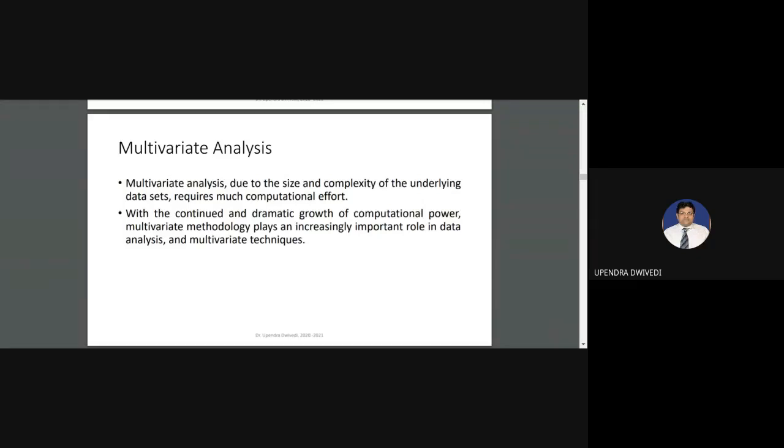Multivariate analysis, due to the size and complexity of the underlying data set, requires much computational effort. When you have a data set of a few MB in size, it is very easy for your personal system to perform operations on it.